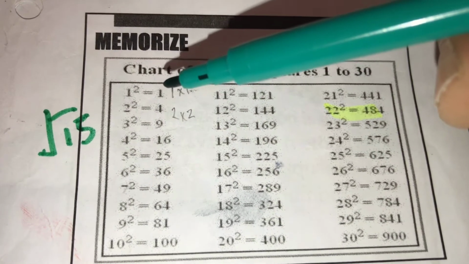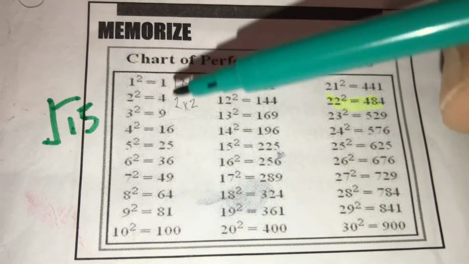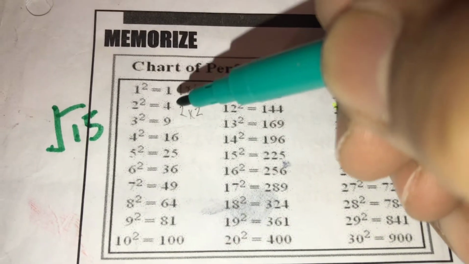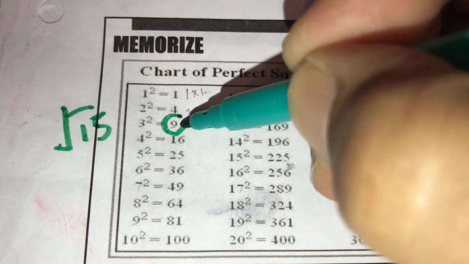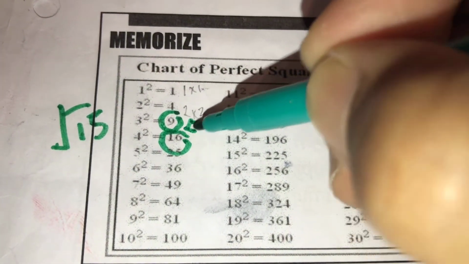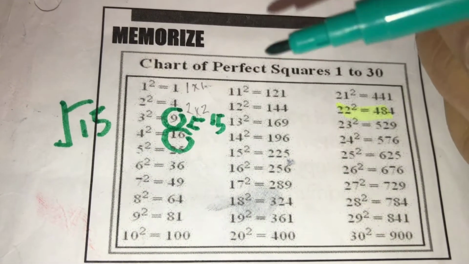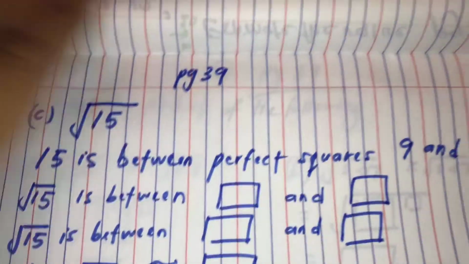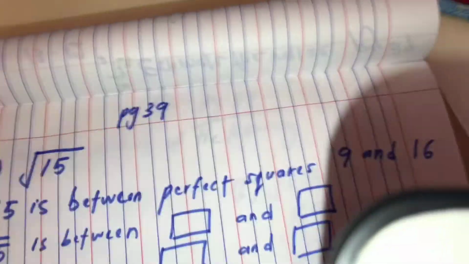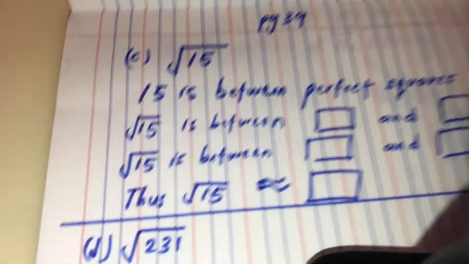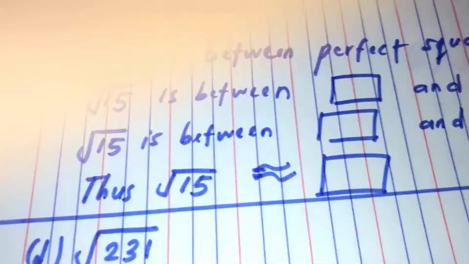So you have to find the perfect square near which one? The value near to here. These two, 9 and 16. 15 is near to 9 and 16. That's why the book writes 9 and 16 here. So square root 15.